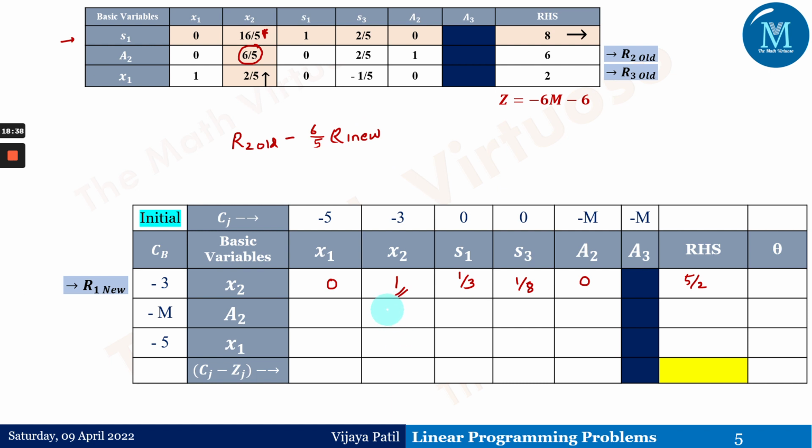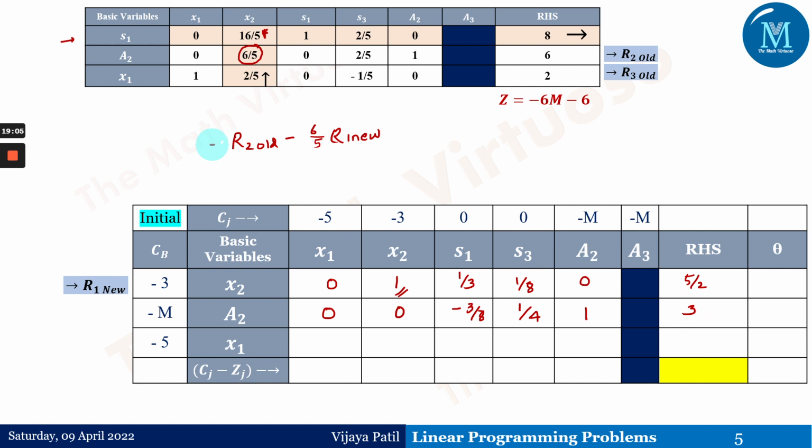We are concentrating only on this particular number to get this as 0. Based on this transformation, we will be getting 0, then 0, this is minus 3 by 8, it's 1 by 4, it's 1, and then it's a 3 over here.